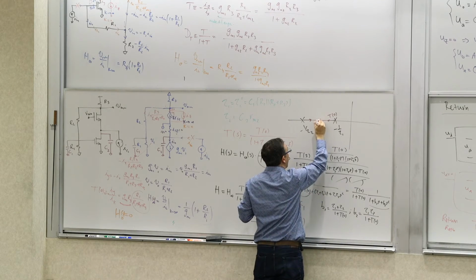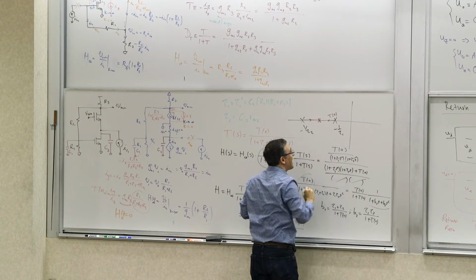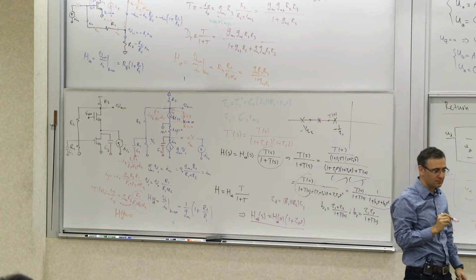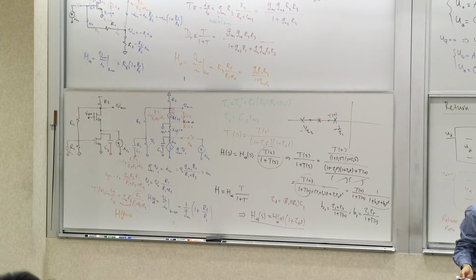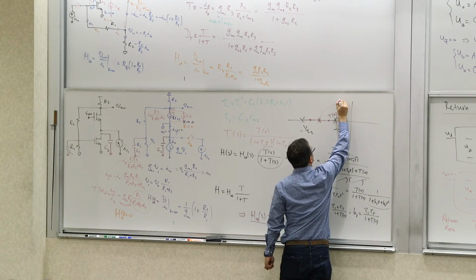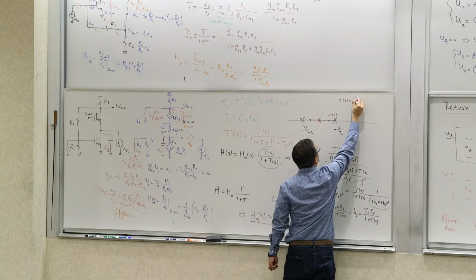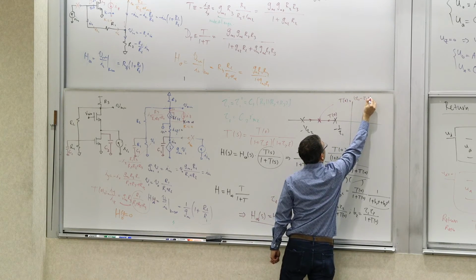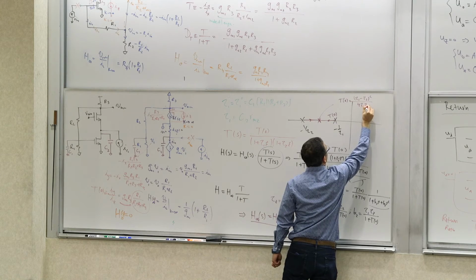At a certain value of T0, they actually meet exactly halfway in between. And you can easily show that value is T0 being equal to tau 1 minus tau 2 squared divided by 4 tau 1 tau 2.